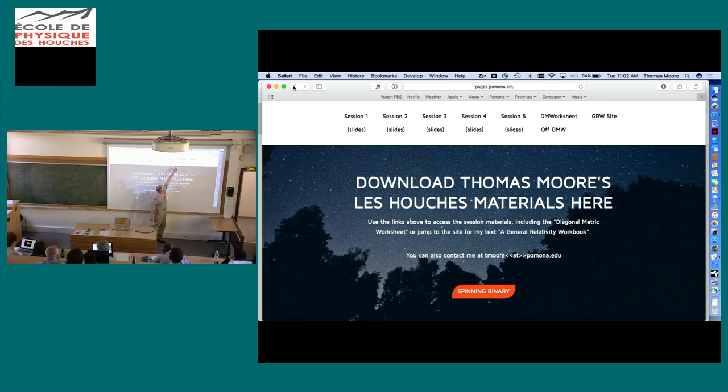In addition to the diagonal metric worksheet, I've also got the off-diagonal metric worksheet, for when you have one off-diagonal component, as you have in Eddington-Finkelstein coordinates, for example, or Kerr. So you can do the same kind of calculations. Of course, there are about twice as many terms, but you really can do it.